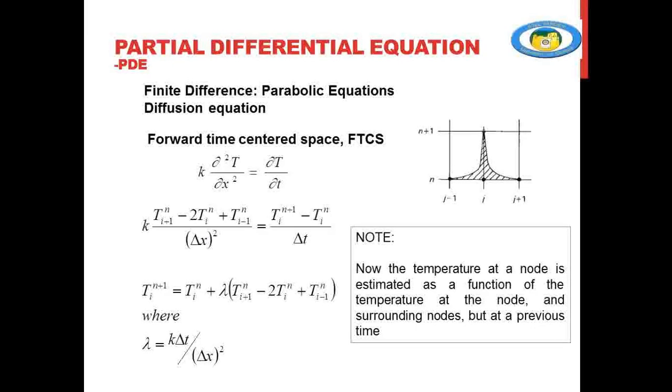So we are trying to use the forward difference in terms of the temporal scale, between the n node and the n plus 1 node. Whereas in terms of the spatial scale, we are going to represent the second partial derivative using center difference.